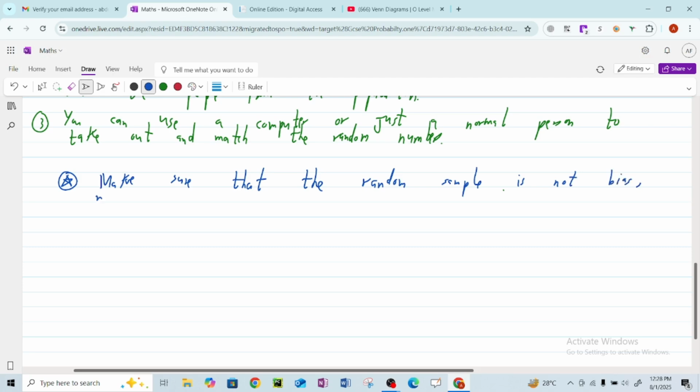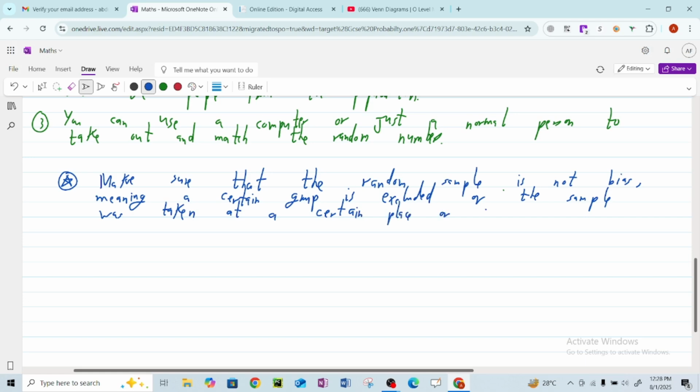Okay, meaning a certain group is excluded, or the sample was taken at a certain place or certain time. Okay, these are all the things that will make a random sample not random.